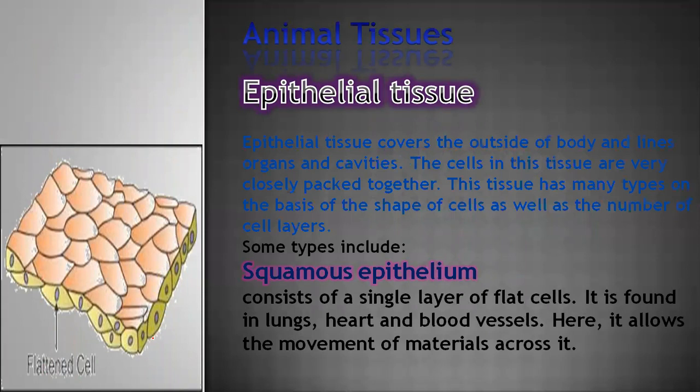So, what are epithelial tissues? Actually, epithelial tissues cover the outside of the body and line the organs and cavities. All the cavities and organs are covered by some layers of tissues, and those are called epithelial tissues.